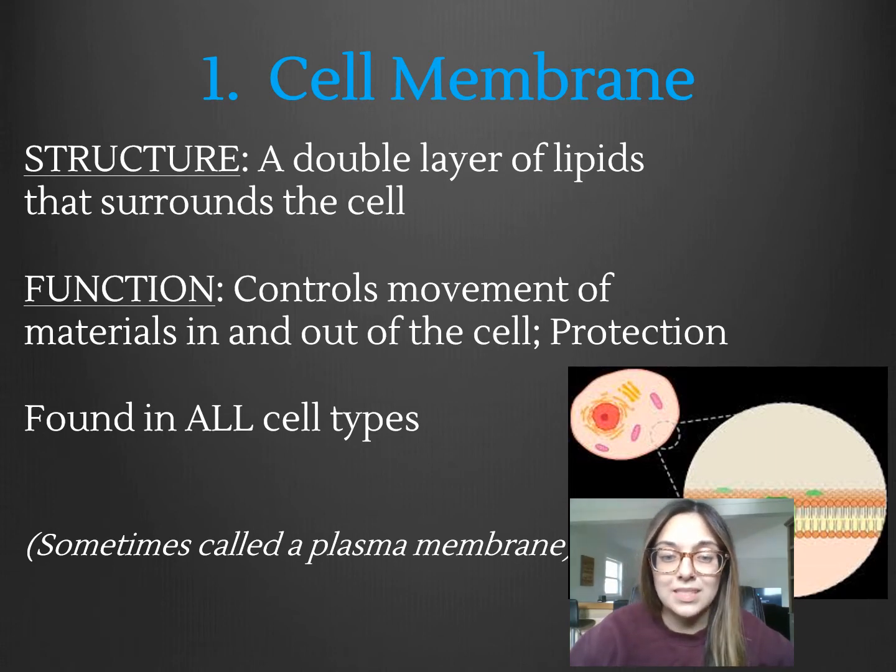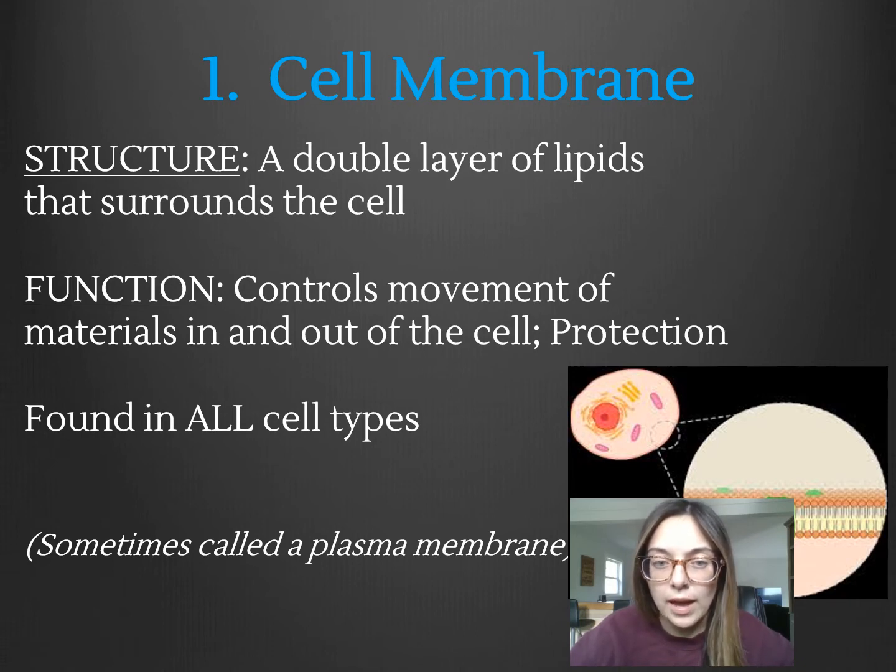Since this is a semi-permeable membrane, meaning that it lets certain things in and certain things out of the cell, it also helps with protection. It's the outer layer in animal cells, but then bacteria and plant cells have layers outside of the cell membrane. You might sometimes hear it called the plasma membrane, and that's the same thing as cell membrane.